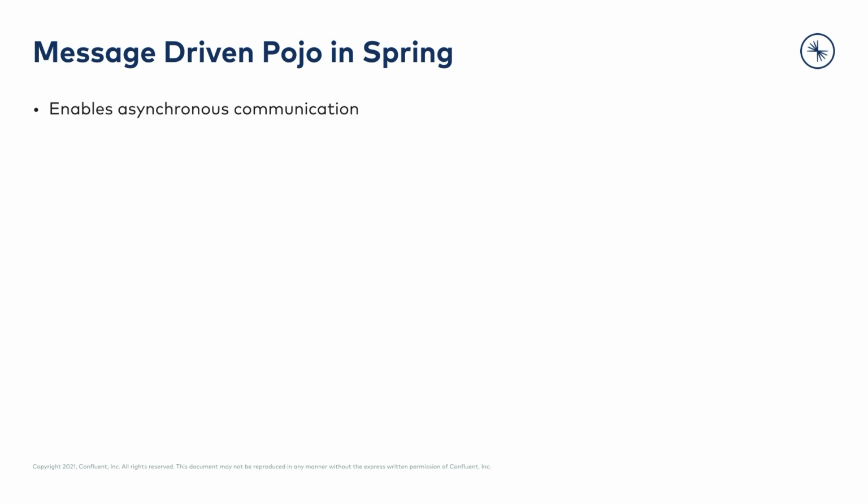So message-driven POJO allows asynchronous communication between systems. Essentially you define a message listener. In the past, you had to implement an interface that has a listen method, and the framework would take care of the rest. This functionality still exists, but it's not necessarily useful anymore because there are annotations that allow you to annotate any method.